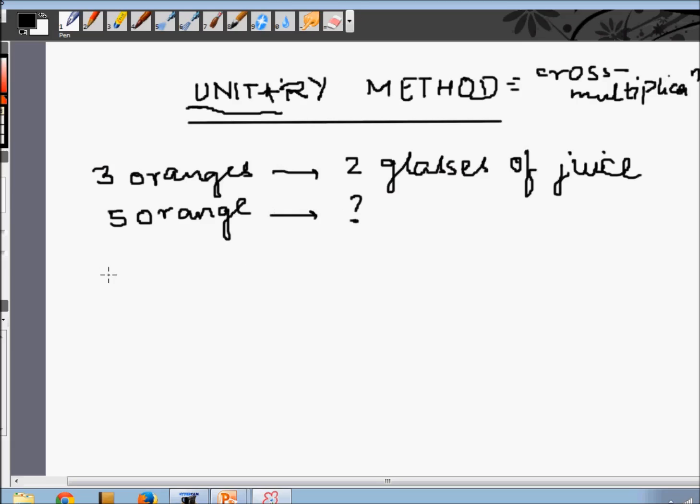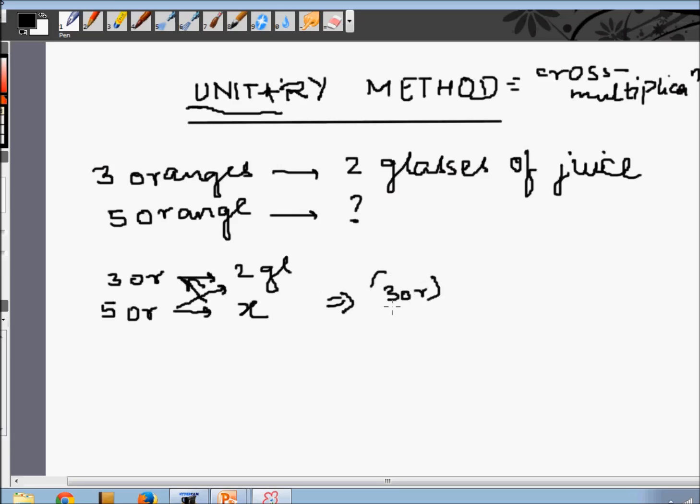So what we do, we write the question in this format: 3 oranges gives me 2 glasses of juice. So 5 oranges, let's say, will give me x glasses of juice. So we have to calculate x. To calculate x, what you need to do is cross multiply. That is, multiply x with 3 and multiply 5 with 2. So 3 oranges multiplied with x is equal to 5 oranges multiplied with 2 glass.